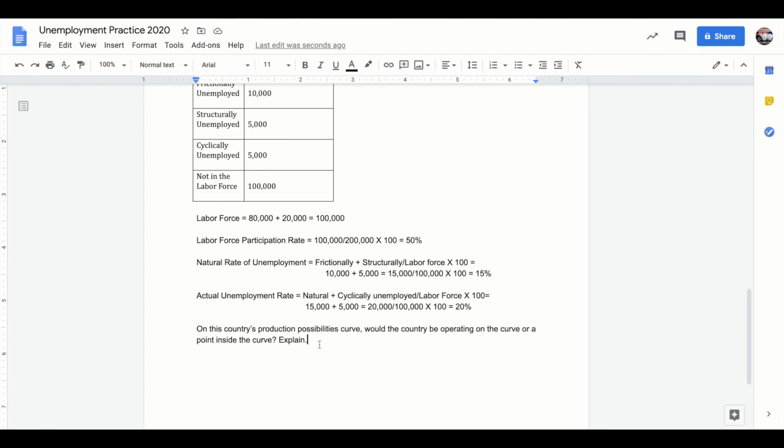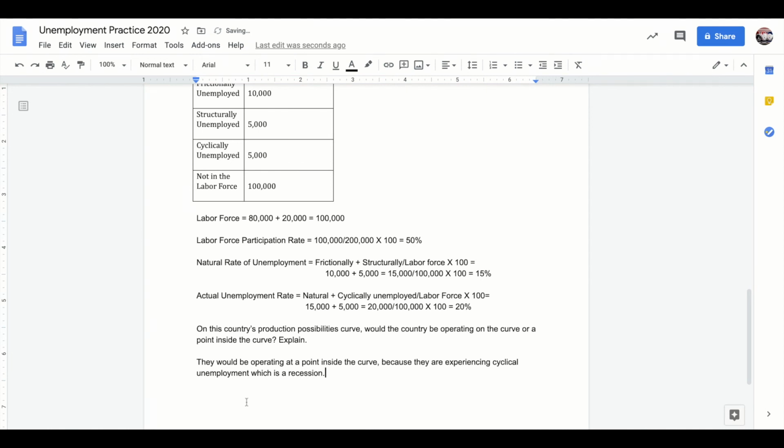To answer this last question, on this country's production possibility curve, would the country be operating on the curve or at a point inside the curve? Well, it would be a point inside the curve, because they are experiencing cyclical unemployment, which is a recession.